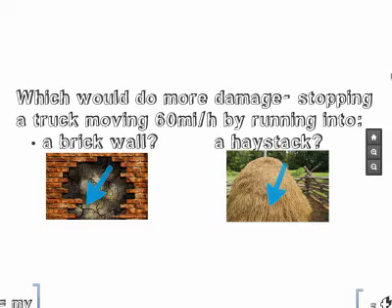Which would do more damage, stopping a truck moving at 60 miles an hour by running into a brick wall or a haystack? Now, some of you may think that it's going to be the same, but this is where we need to really take a look at this idea of momentum and impulse. The change in momentum in either case must be the same. We must take our vehicle and have its motion of 60 miles an hour drop down to 0.